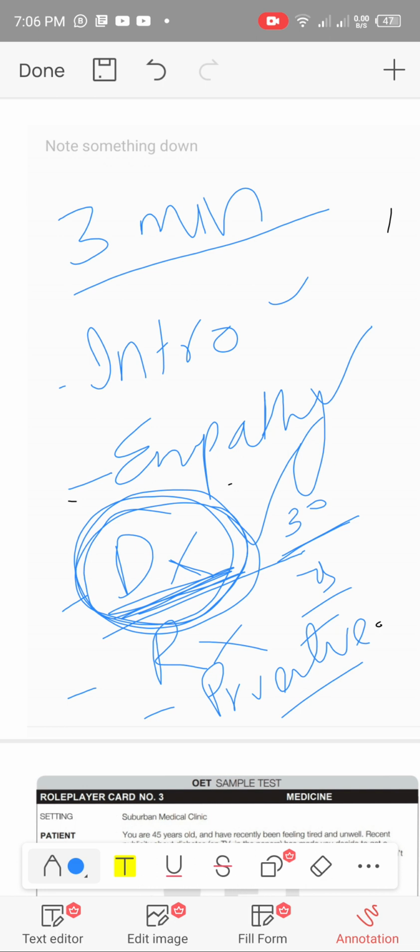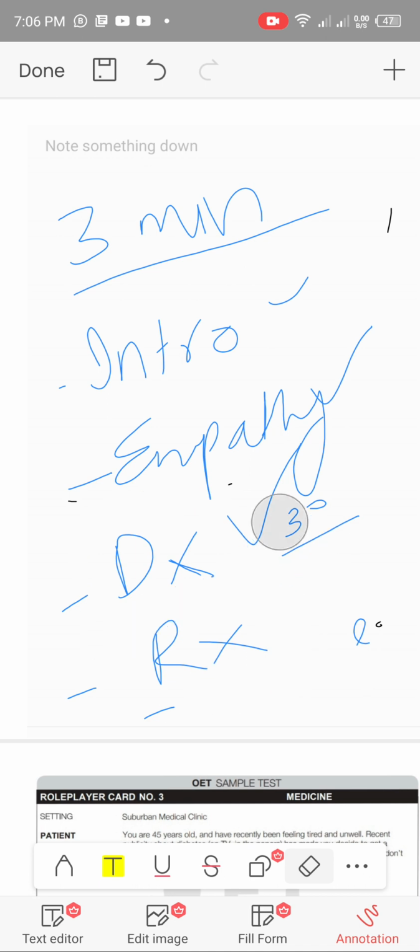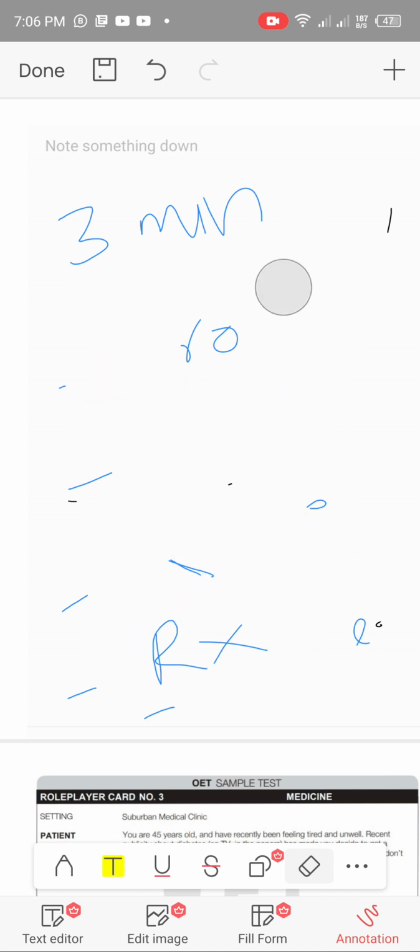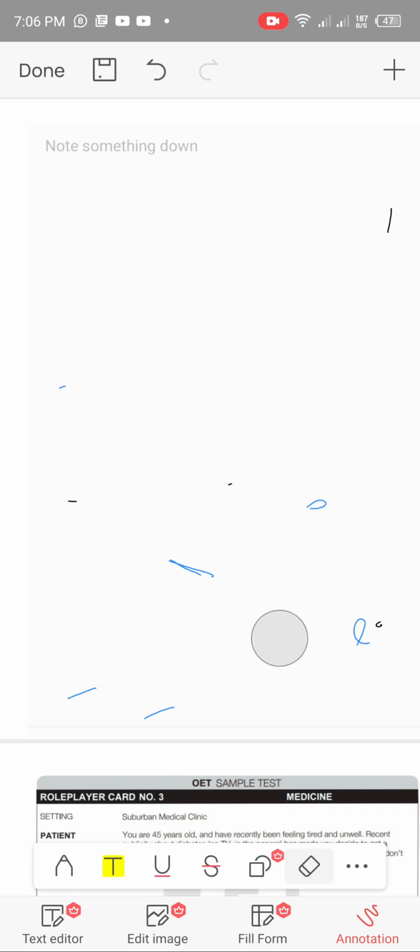Now there are certain things which I think I should tell you, because there's a confusion among a lot of candidates about those things. The first thing is that, as I have already told you, there is no third person. Even if it's a cue card of a child with a mother, there is no third person. There will be the examiner sitting over there.